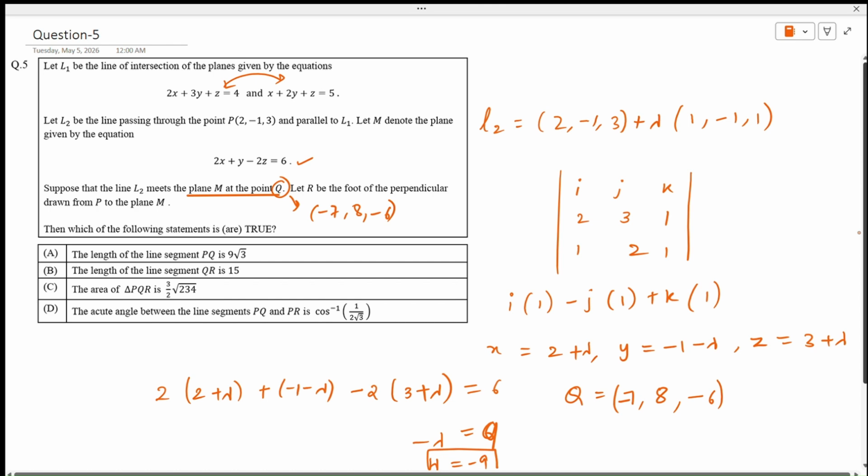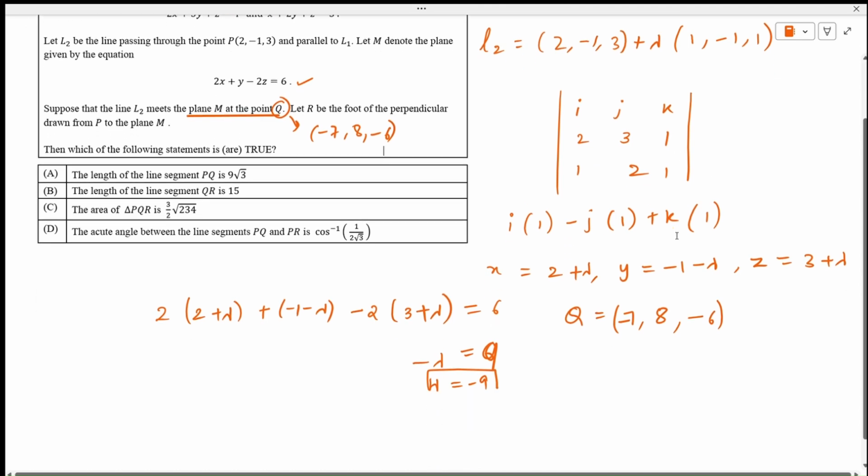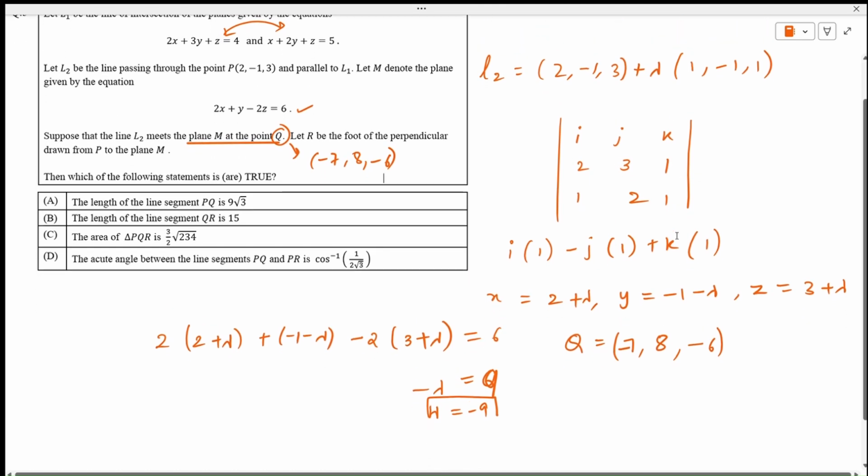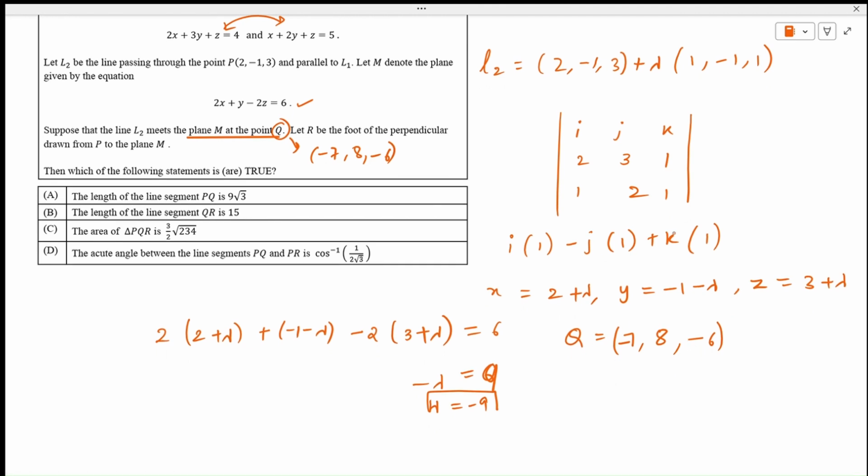Now, let us find R. How to find R? R is the foot of the perpendicular, right? And we can find a line L3 which is passing through P and perpendicular to the plane. So it is parallel to the normal of this plane.